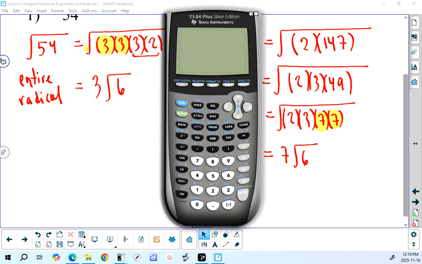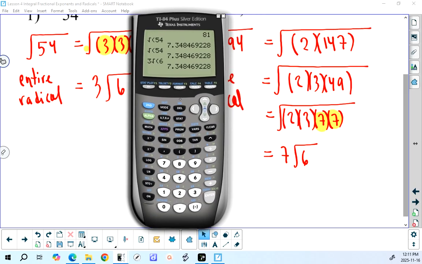You could take your calculator and go, well, what is root 54? It is 7.348469228 something something. It's an irrational number. What is 3 multiplied by the square root of 6? Well, it's the same set of decimals, so that gives you a little bit of a boost in confidence as you move forward on the exam.